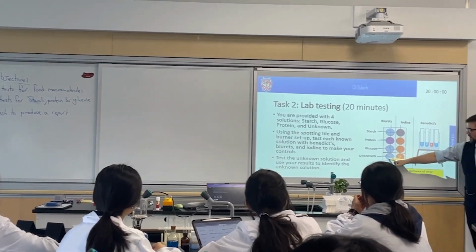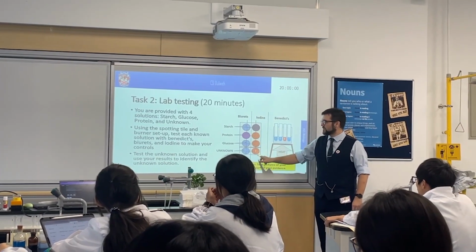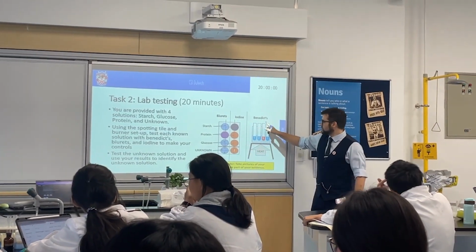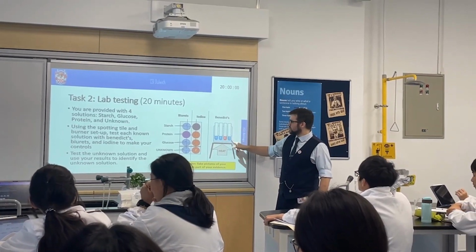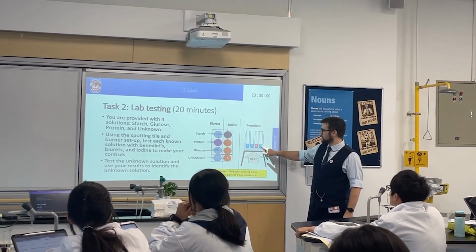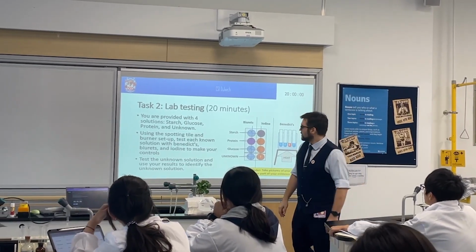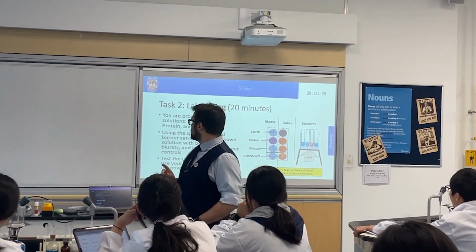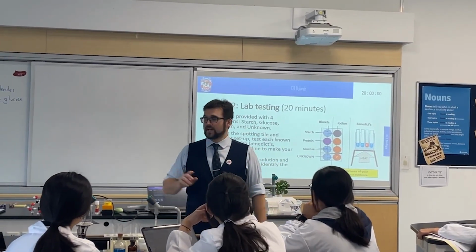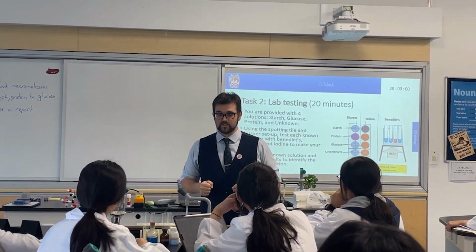You're going to place the unknown sample in 2 more wells, add the biuret and iodine to see if they test for that, and you're going to have another test tube on your desk to test for Benedict's, use Benedict's test to test the unknown solution as well. Okay, so set them up like that. You have got 20 minutes in which to complete this task. On you go. You're going to work in pairs in this test.